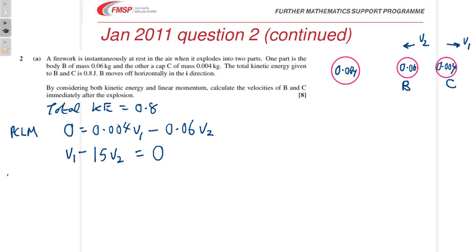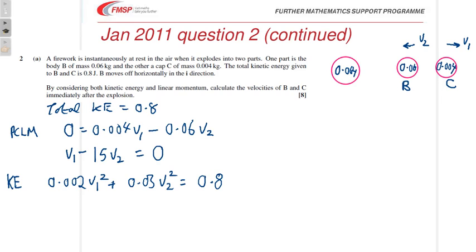Now the KE, half mv squared, so 0.002 V1 squared plus 0.03 V2 squared equals 0.8 joules.